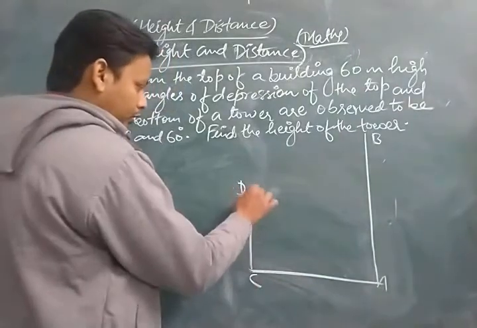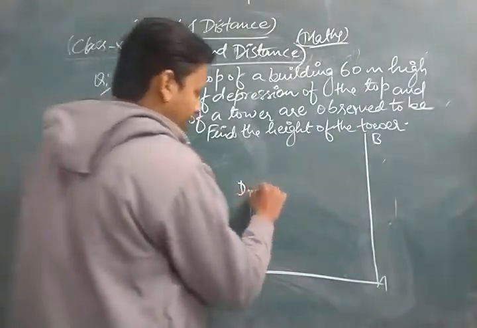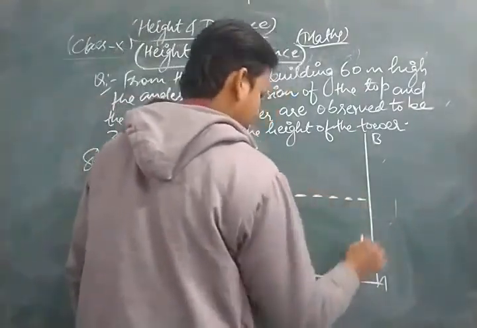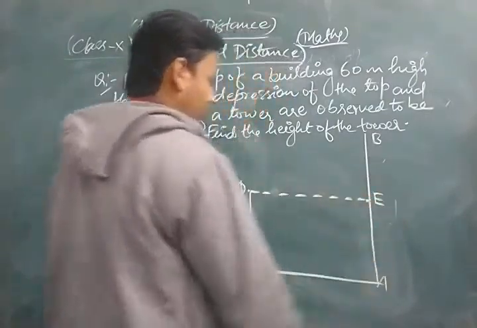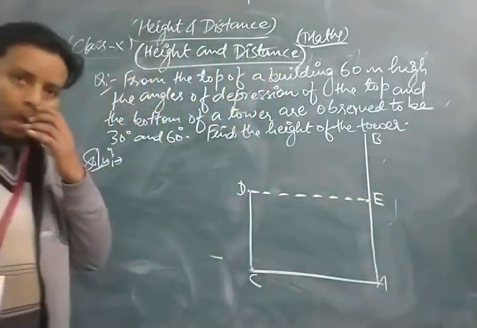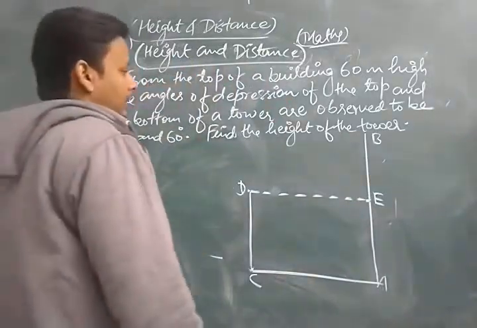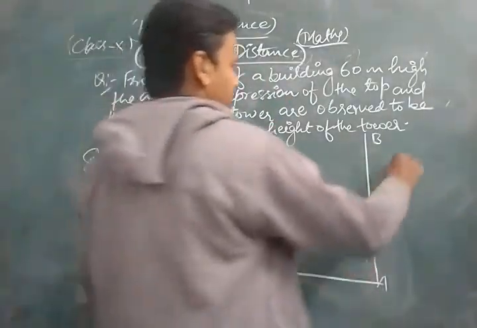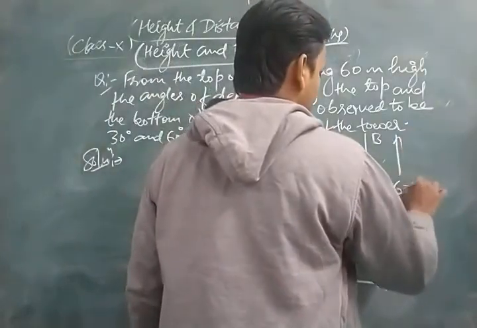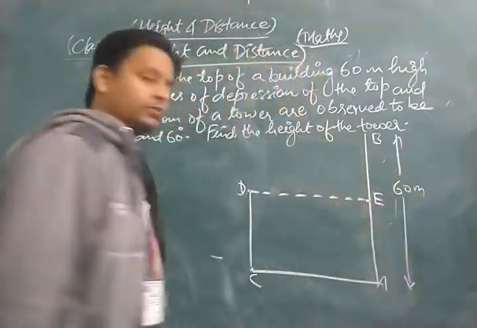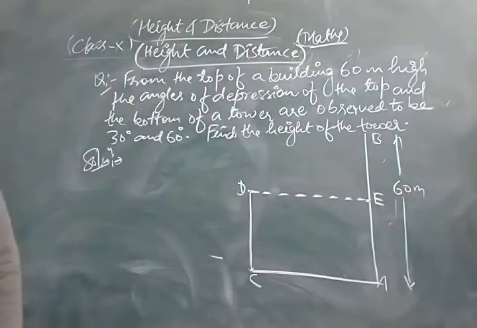This is the top of the tower and this is the bottom of the tower. We join them. Here the height of the building is 60 meters.